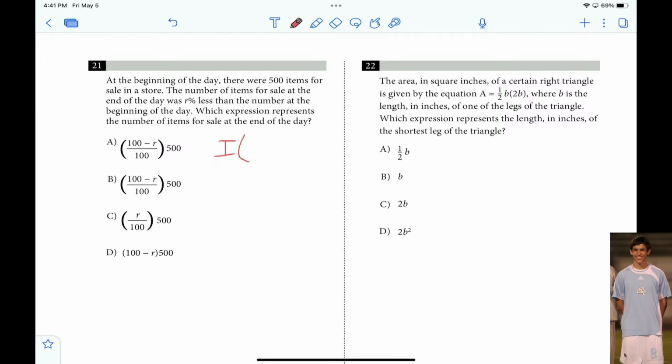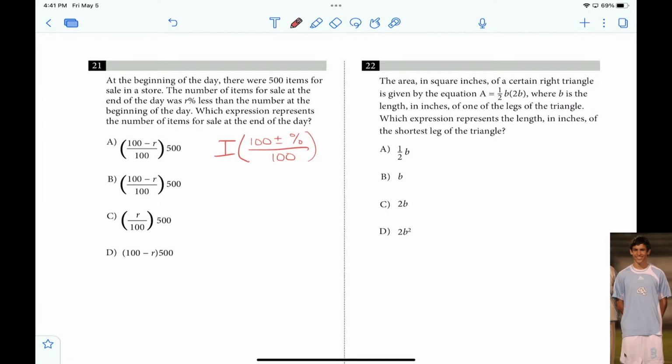But instead of saying 1, we're going to say 100. So it's going to be 100 plus or minus the percentage still as a percentage all over 100. So in this form, we're not going to turn the percent into a decimal. We're going to leave it as the percent. So if it was 22%, we would plug in 22 into this equation, not 0.22 like we did with the problem earlier.